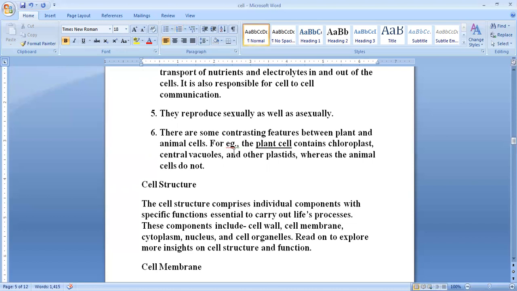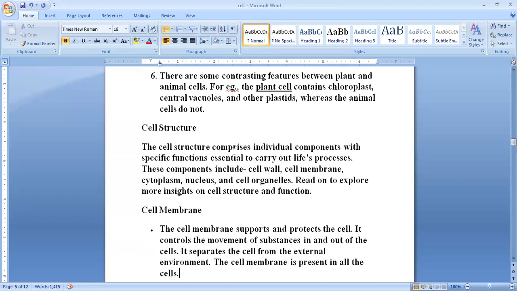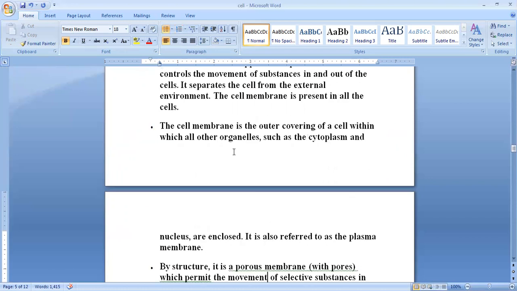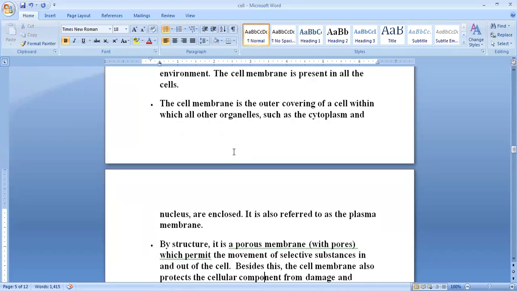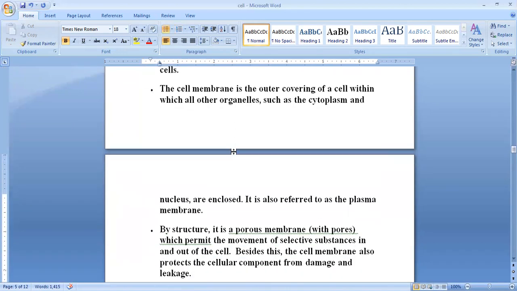Now if we come to the cell structure, we will see there is the cell wall, cell membrane, cytoplasm, nucleus and cell organelles. So what is the cell membrane? It supports and protects the cell, separates it from the external environment, and it is present in all cells. It is the outer covering for organelles and contains the cytoplasm and nucleus.